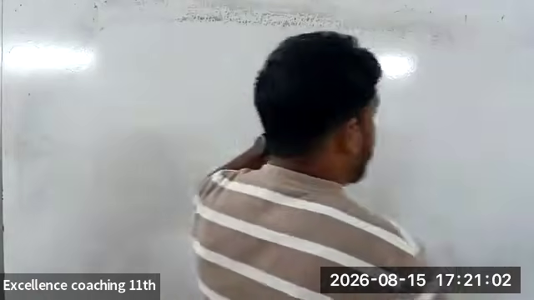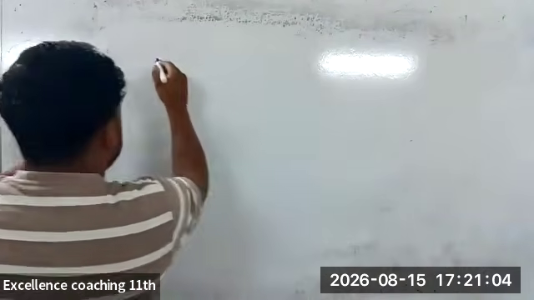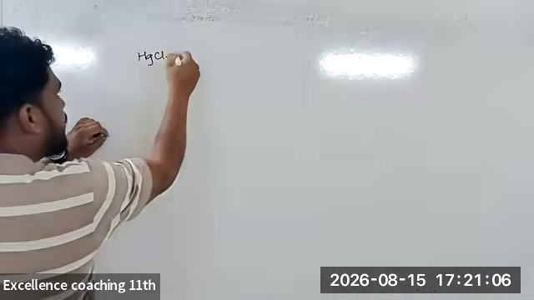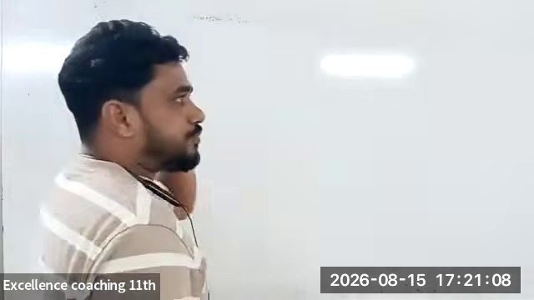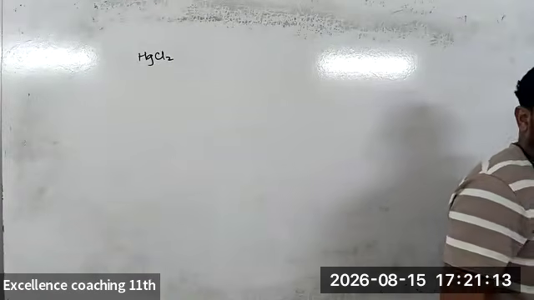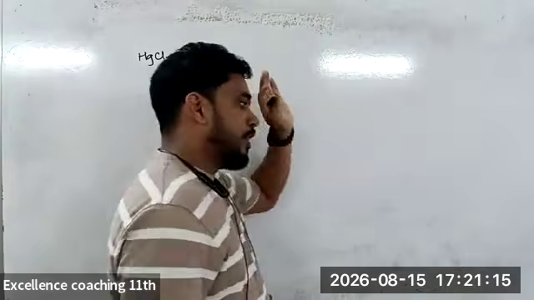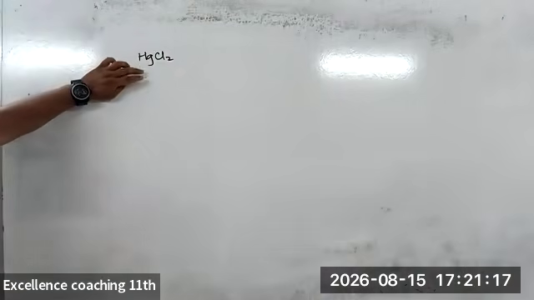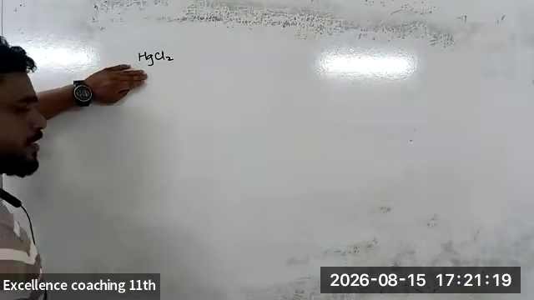So another example for BCl2, under that you can also write HgCl2. It also has only 2 valence electrons in the outermost shell. Okay, so take a note of this example.